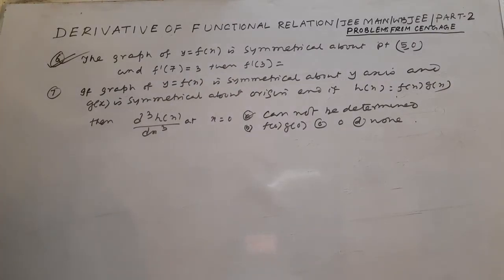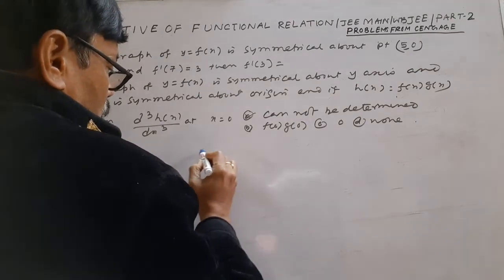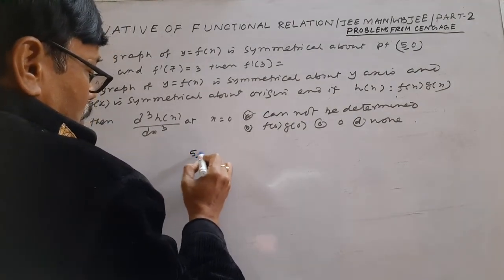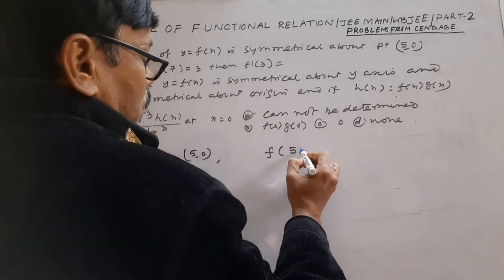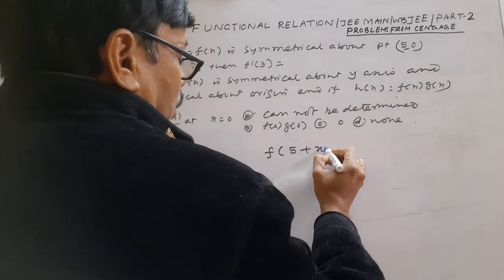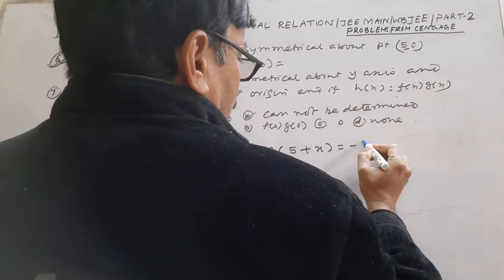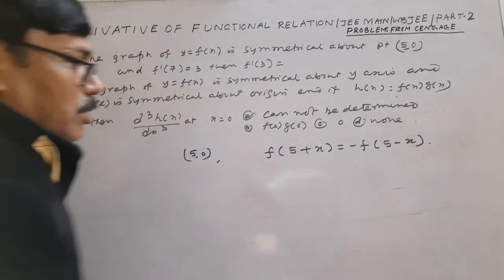Then find f'(3). Since it is symmetric about (5, 0), therefore f(5 + x) equals minus f(5 - x).